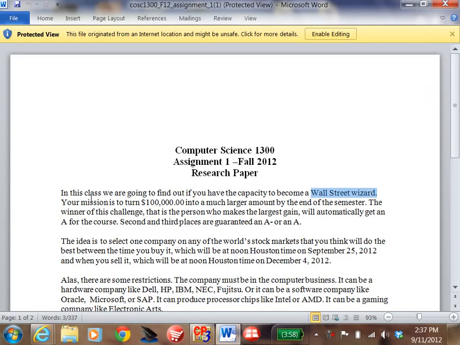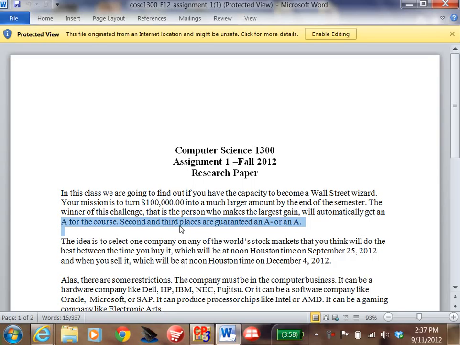So your mission is to turn $100,000 into a much larger amount by the end of this semester. The winner of this challenge, that is, the person who makes the largest gain, will automatically get an A for the course. Second and third places are guaranteed either an A or an A minus.